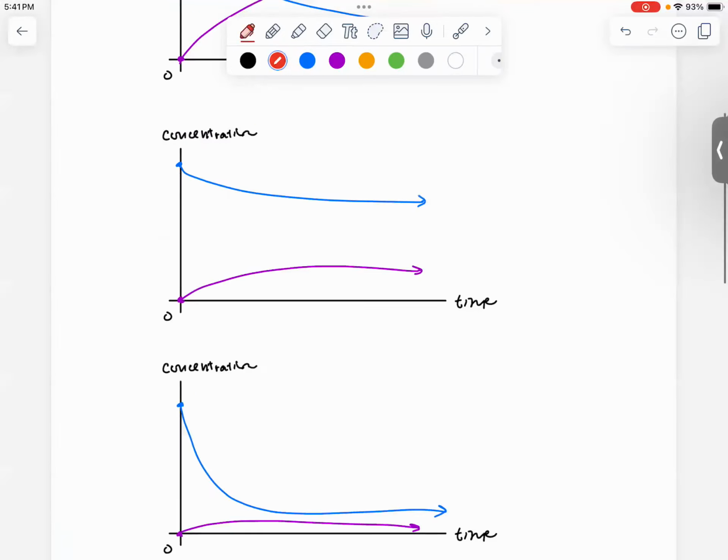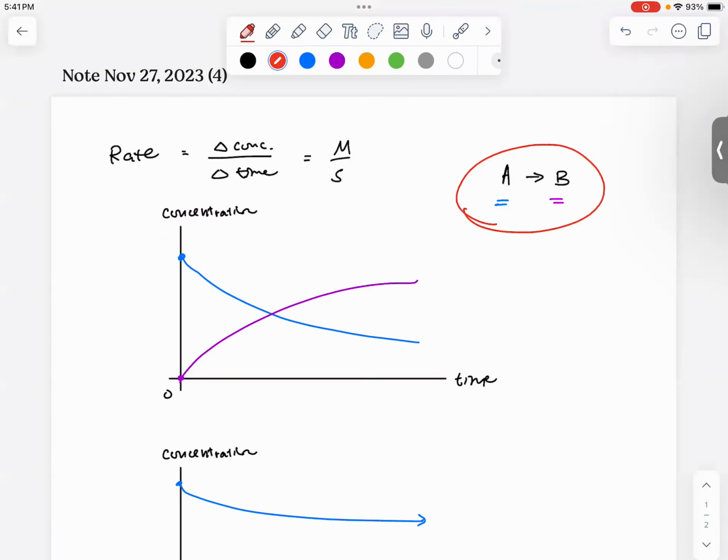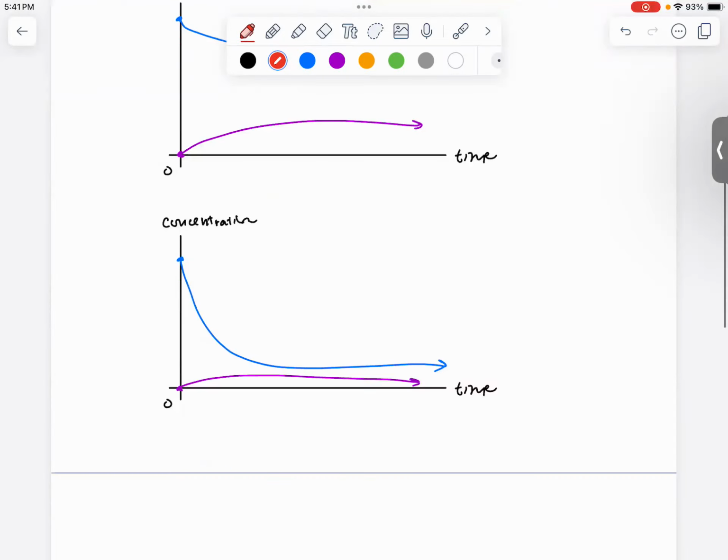Because the ratio here is 1 to 1, the slope of the rate of appearance has to equal the rate of disappearance in this case.